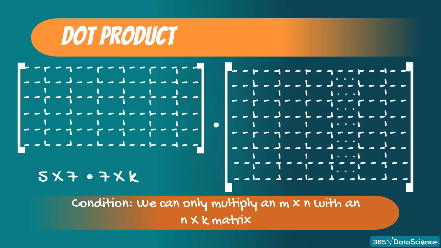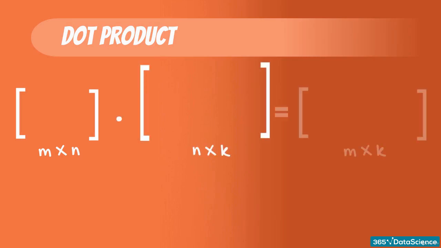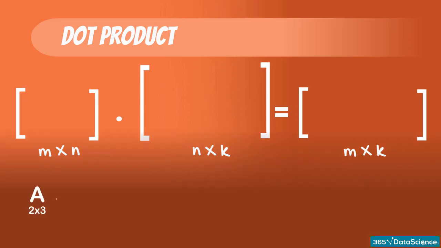Okay, fair. What about the dimensions of the product itself? When multiplying an m by n matrix with an n by k matrix, the output is an m by k matrix. For instance, a 2 by 3 matrix times a 3 by 6 matrix will give us a 2 by 6 matrix.